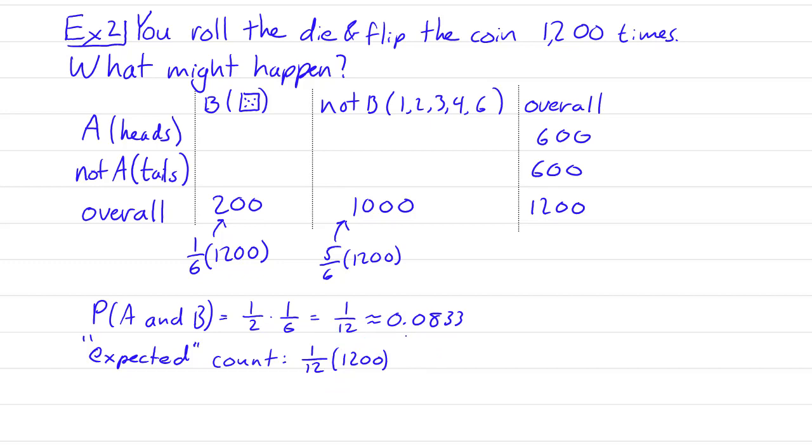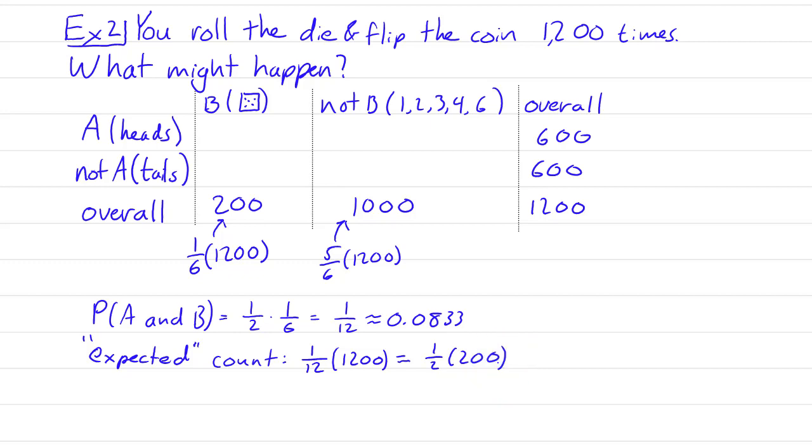I also want to notice another way of calculating this. What if we write it as half of 200? That's also going to come out to be 100.